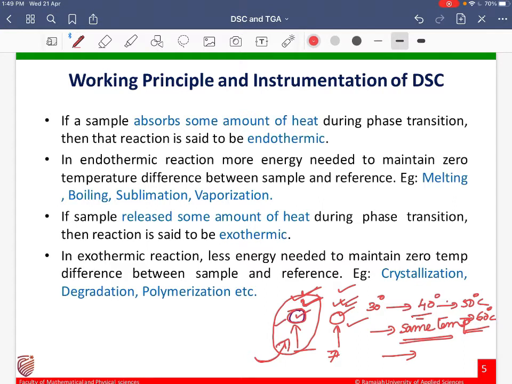During an endothermic reaction, a drastic heat flow change will be observed inside the sample, and that will indicate that the material undergoes melting. Similar to melting, boiling, sublimation, and vaporization are all phase transition steps. Everywhere a heat change will occur in an endothermic way.